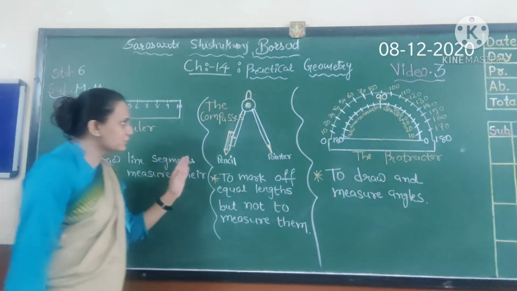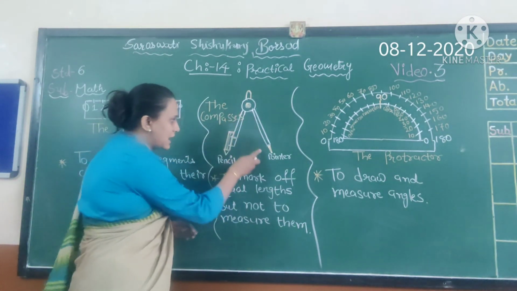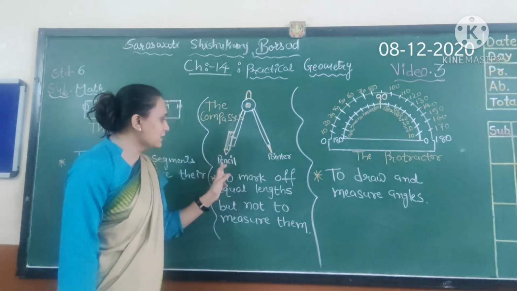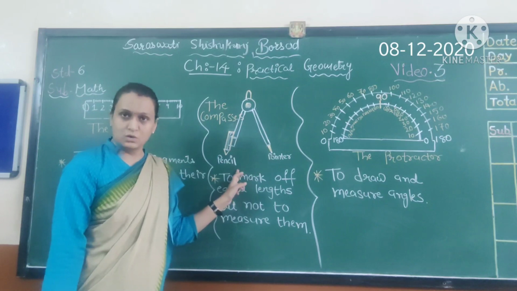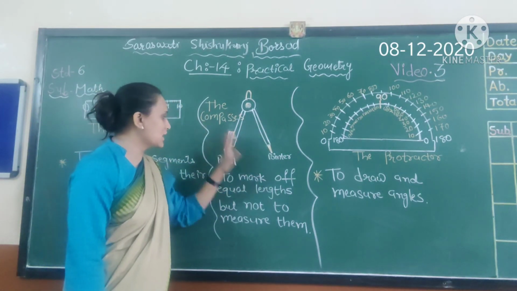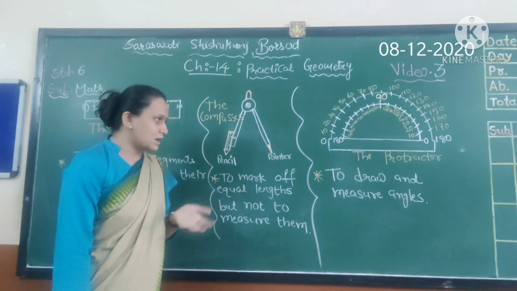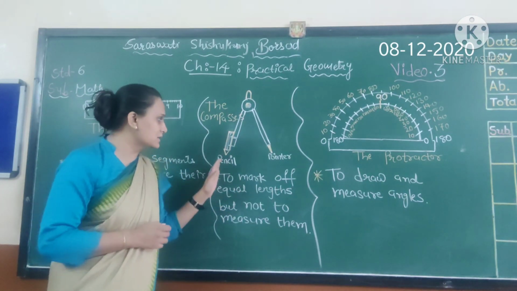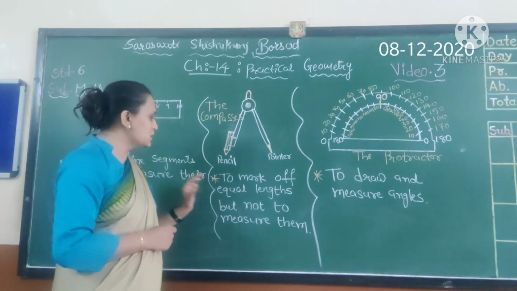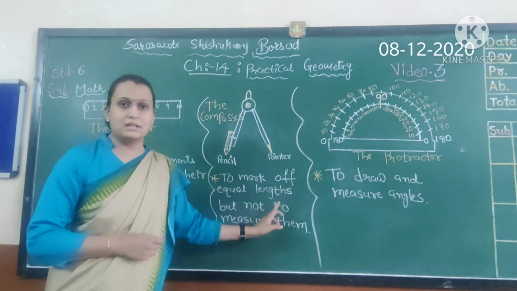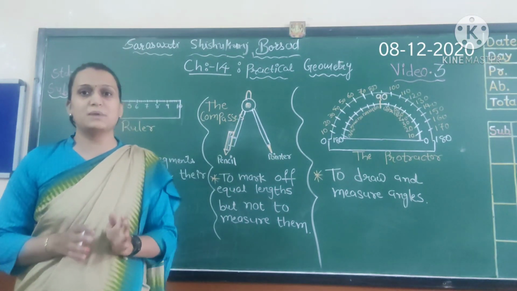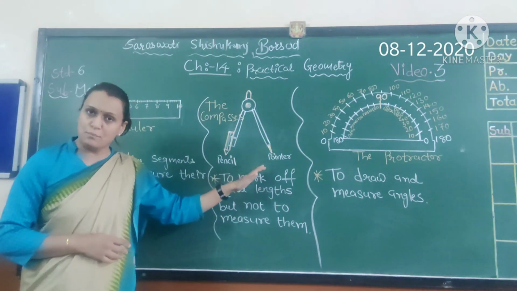So how will it look? See, the compass has one pointer, as well as on the other leg it has a pencil. So with the pointer we are using the compasses to draw a circle, or it is used for the measurement of length. So what is the basic use? To mark off equal lengths. Whenever we are using different lines, for that measurement we are using the compasses.